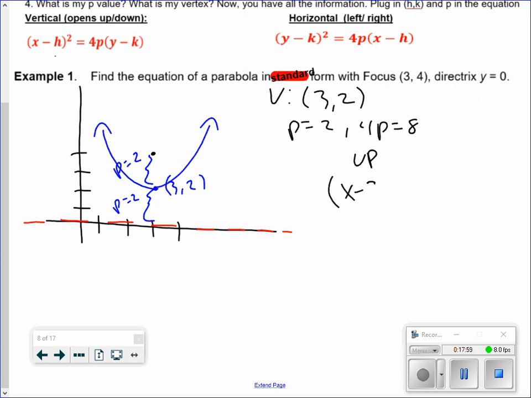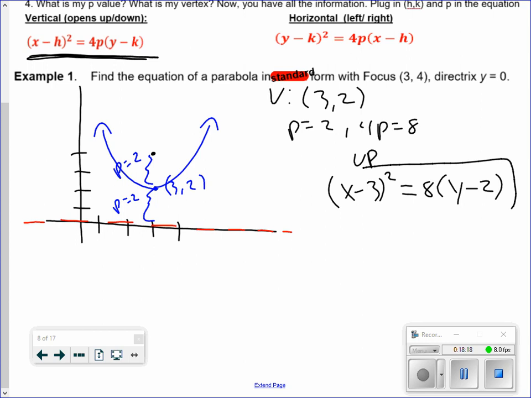So I get (x minus 3) all squared, since I'm using this form right here on the top left corner of the screen, and that'll equal my 4p, which we set to 8. Since our p is 2, multiplying that by 4 gives you 8, multiplied by (y minus k), or (y minus 2). So this right here is our equation, and the answer to this problem. We don't need to sketch an accurate graph because it doesn't matter. All they're asking us to do is just find the equation, and that's the equation right there.